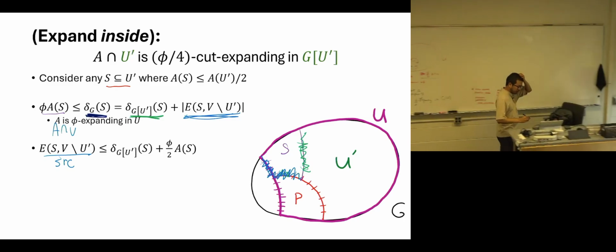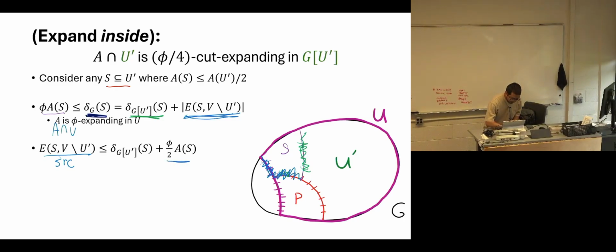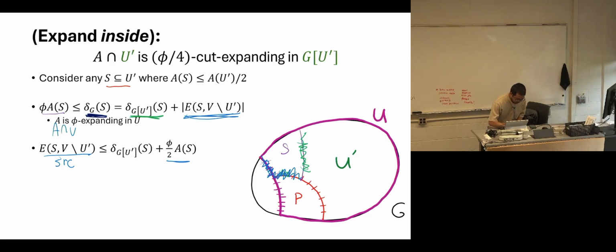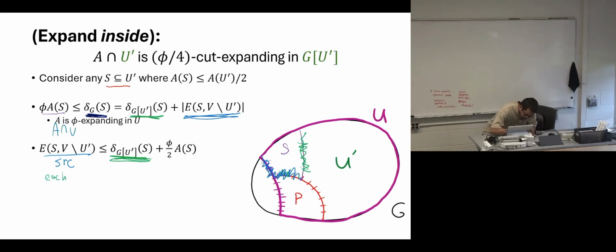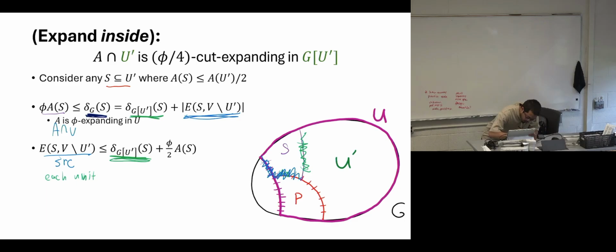Are we good? Like this is the green part, and this is the blue part. So each unit from source is either absorbed in S. How much can it be absorbed in S?